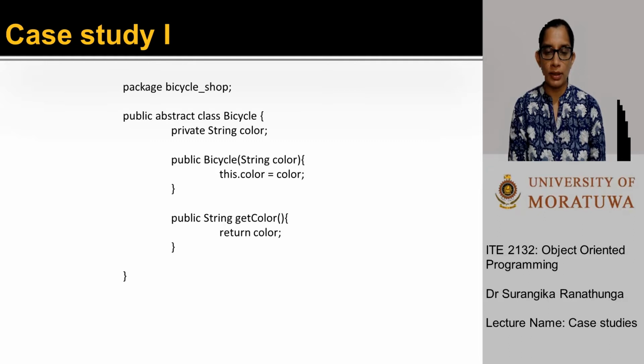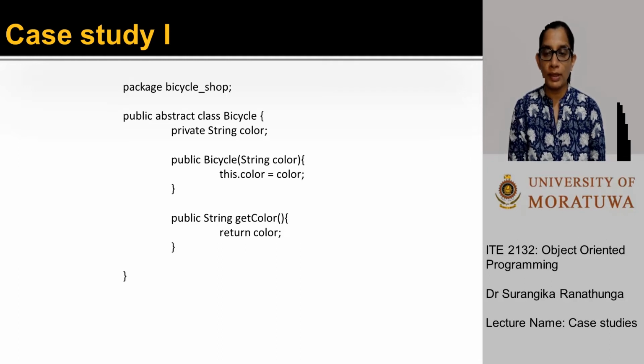And as you can see, we are setting the value of this color inside the constructor. And to make sure we have encapsulation, our color is a private attribute and it is exposed through the public getColor method. And in this bicycle shop, what it creates is either a kid's bicycle or an adult foot bicycle or a motorbike.